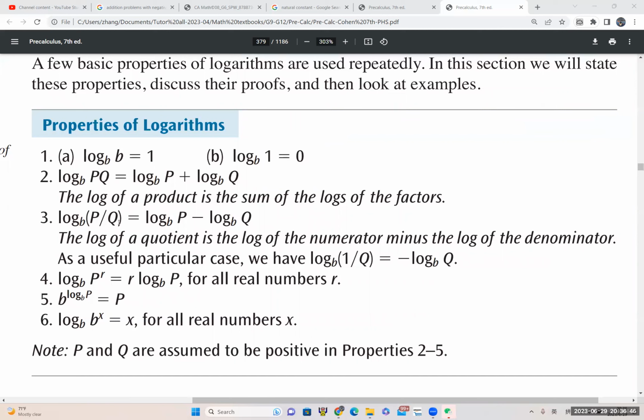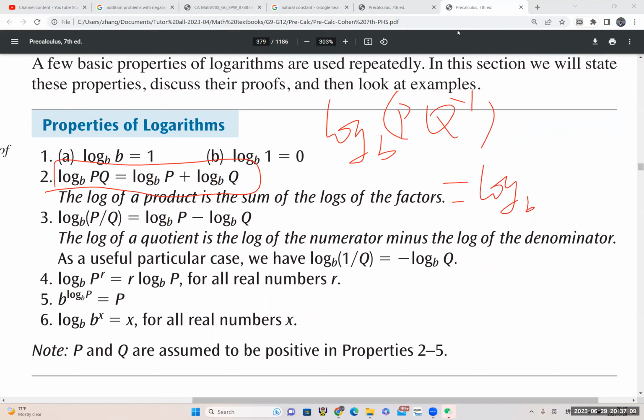Then P over Q. If we already have this, it's easy to understand. You can just take it as log B of P multiply Q to the power of -1, right? Then it's log B P plus log B Q to the -1.